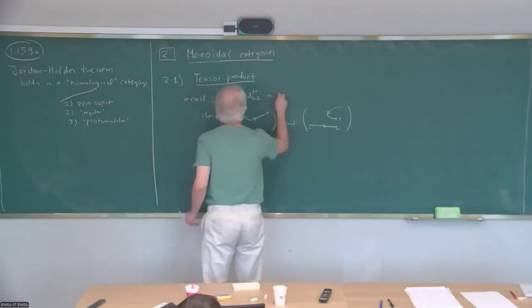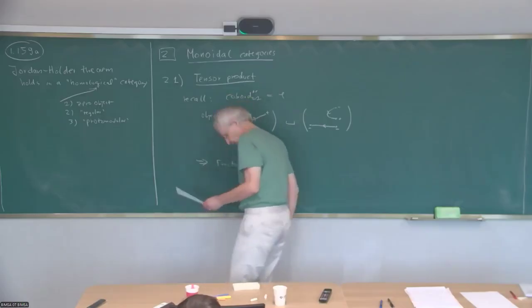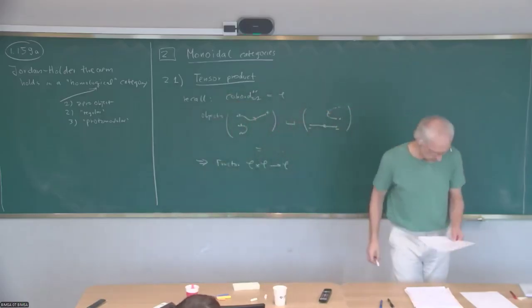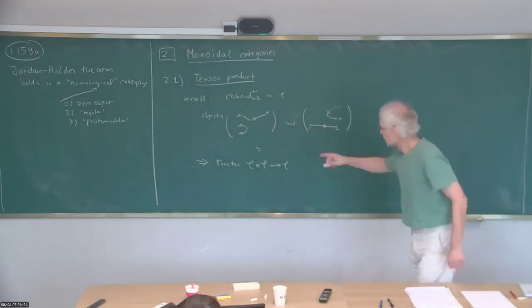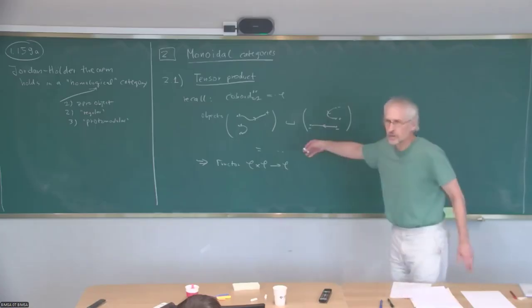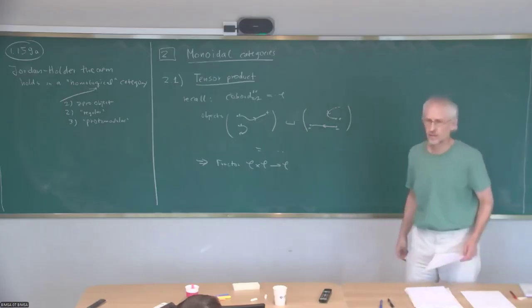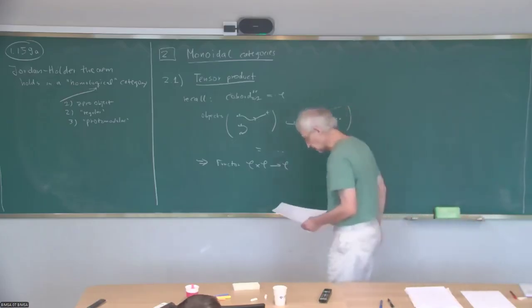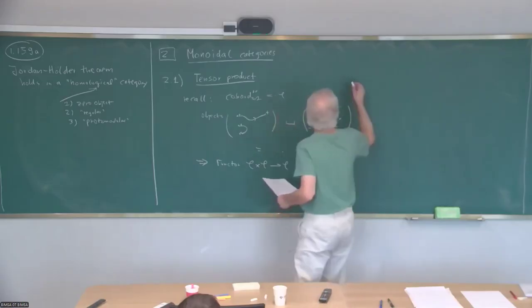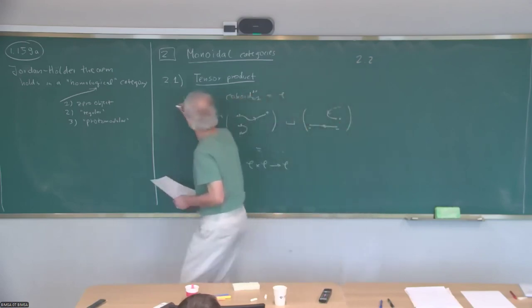Call this category C, from two copies of C to C. And well, actually, it's almost trivial that this is a functor, but it's a nice exercise to check that it's indeed true. This would be 2.1.